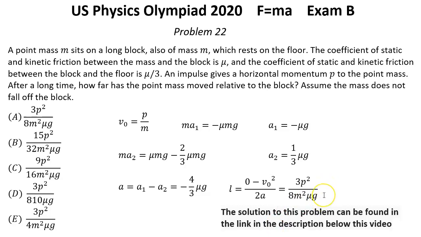We can mention that the point mass moves compared to the block until it stops, because the total force applied to the block is positive. So we can count the total relative distance which the point mass covered on the block. That will be v squared over 2a. And this is answer A. That was the solution for problem number 22.